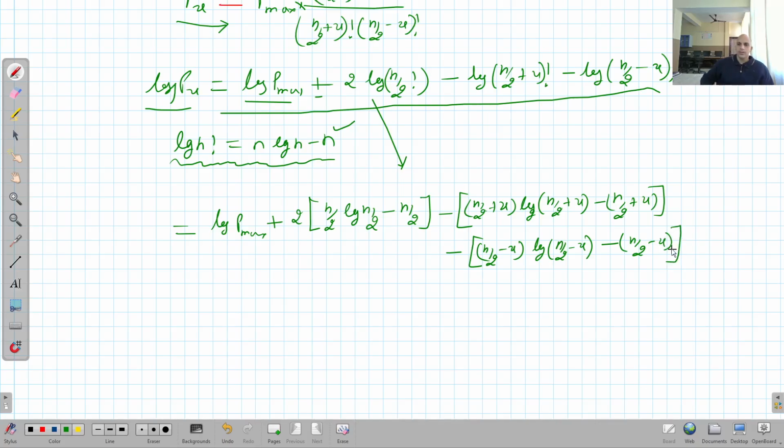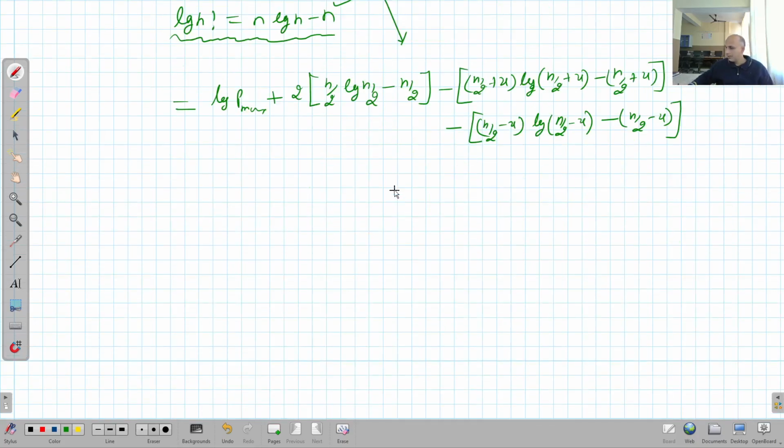So this is what I got after expanding it through the Stirling approximation. In the next step, I will get log of P maximum plus n log of n/2, I'm taking this 2 inside, minus n, right?